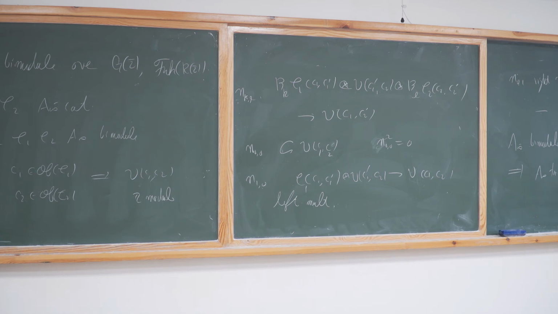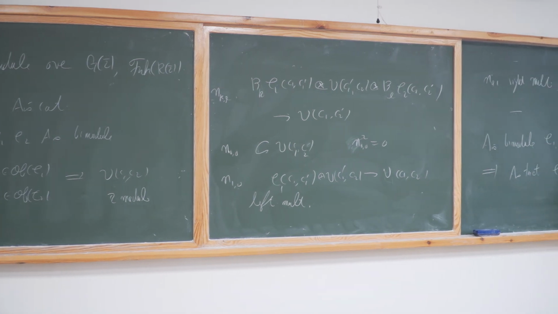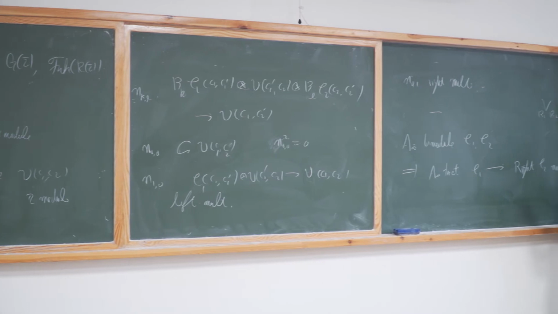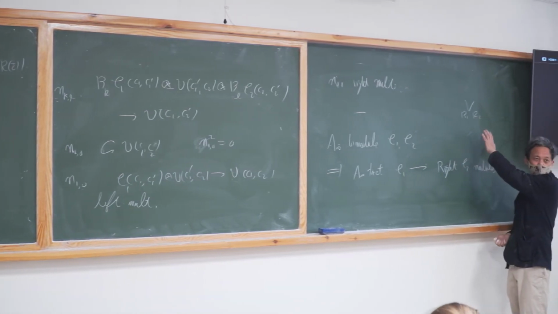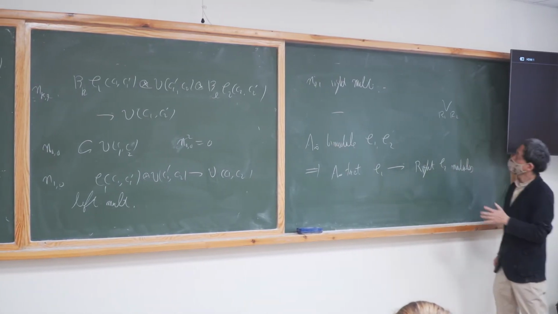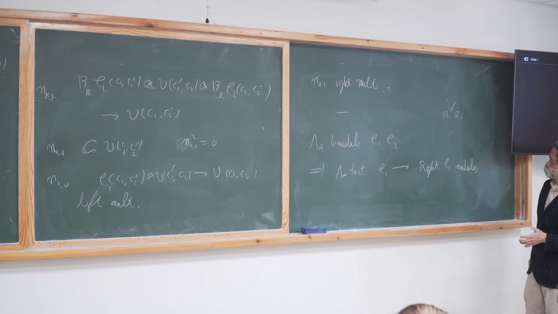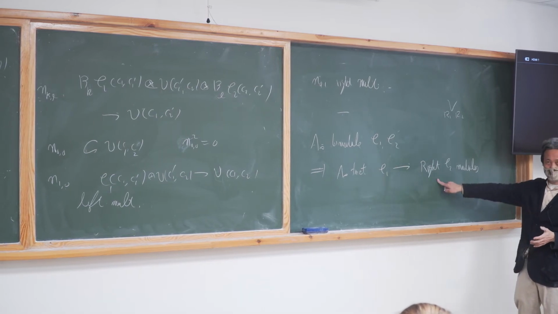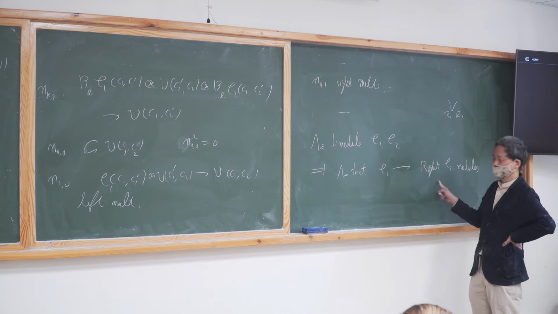You can forget everything about infinity and just consider a bimodule over rings. You have a B, which is an R1, R2 bimodule. Then you have a map from the category of R1 modules to the category of R2 modules. This is right, the C2 action is always right.